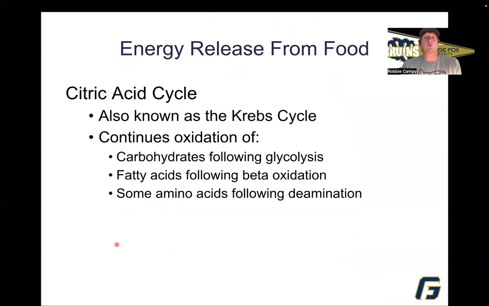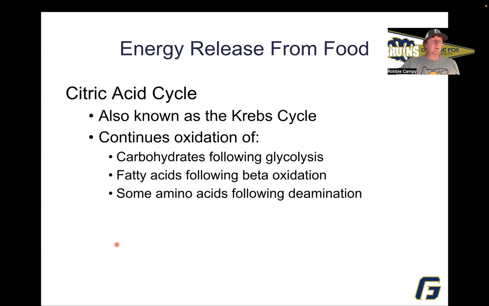Now, this is aerobic metabolism, so we can create that component that's going to go through the Krebs cycle not just from sugar, which is where we've started our conversation, but we can actually take parts of fats and break them down in a process that we refer to as beta oxidation. And some of the amino acids from our proteins we can break down as well.